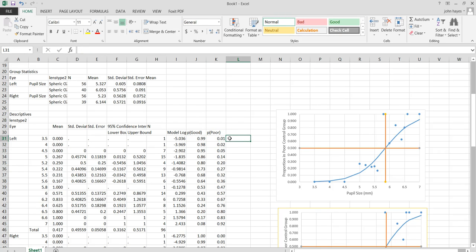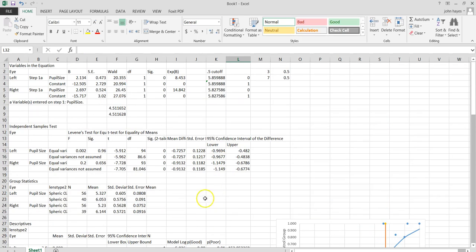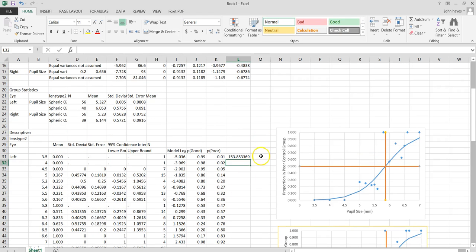And remember, this value, well, actually, I guess I better do it the other way. This value divided by 1 minus, which is, in fact, this value, equals that number, and then the log of that gives you that number, which is darn close to that number. Except that it's a positive.